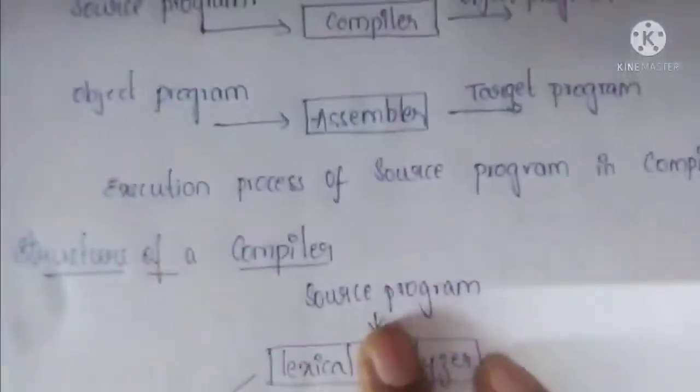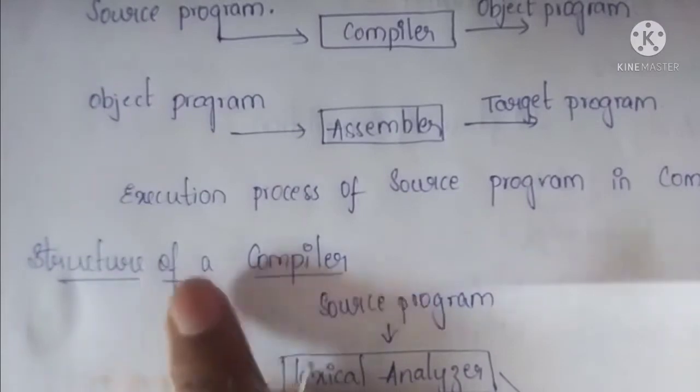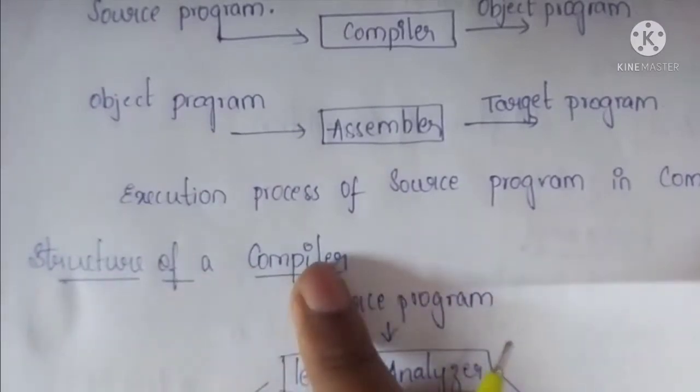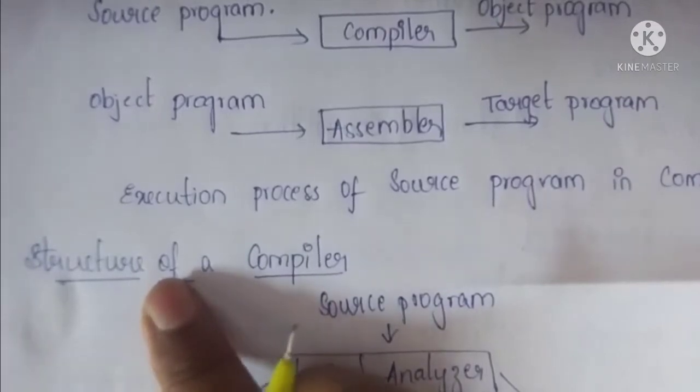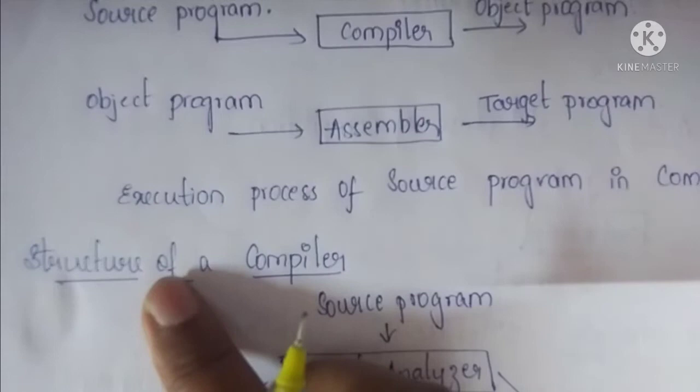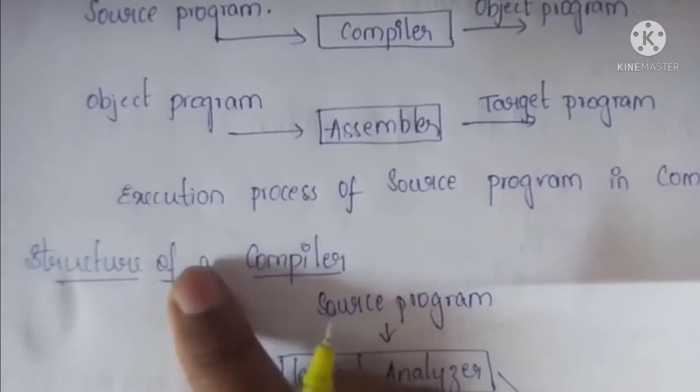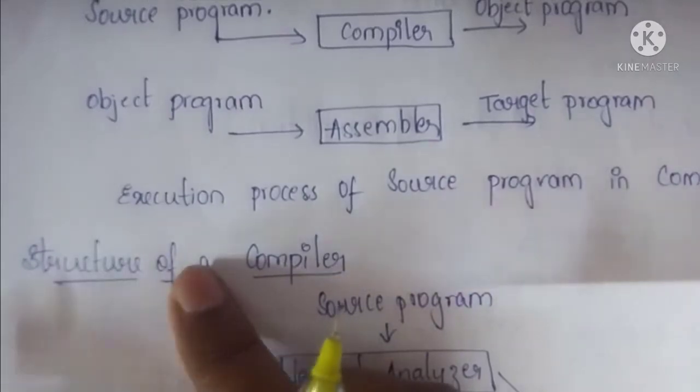So the next topic we are going to see is the structure of a compiler. For any large software, it is easier to understand and implement if it is divided into small defined modules. Why do we say small defined modules? If you take one large software, it will be easier and simplified when we divide that particular software into modules.